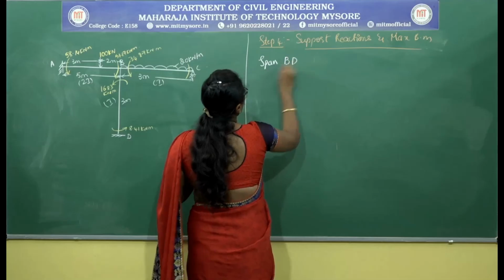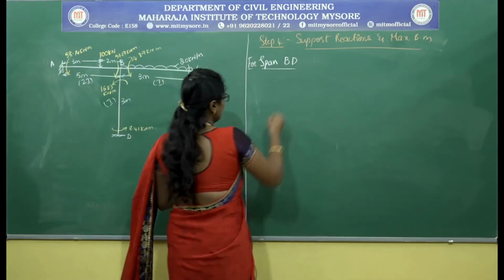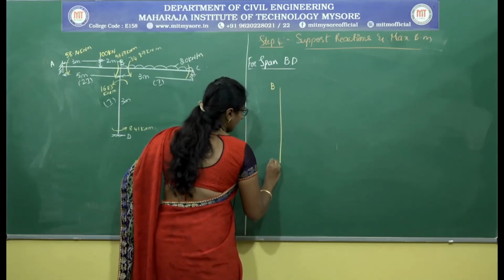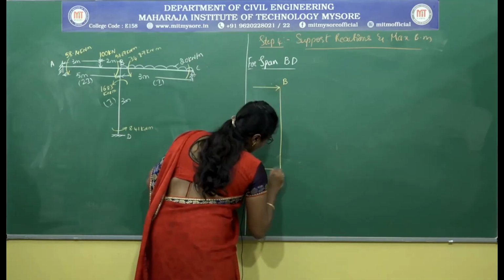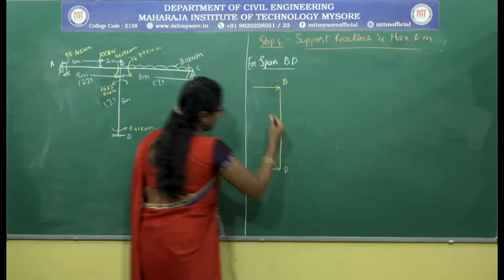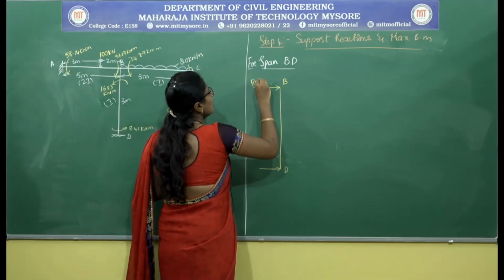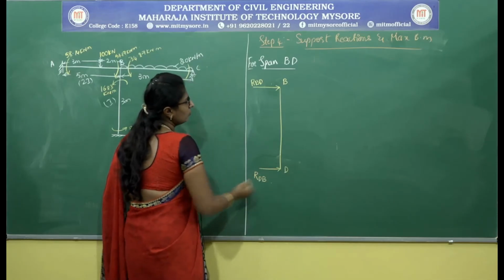Next, for span BD, consider the vertical member B and D, for which I consider the horizontal forces RBD and RDB towards the right.